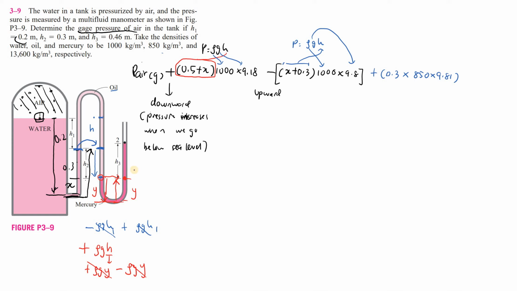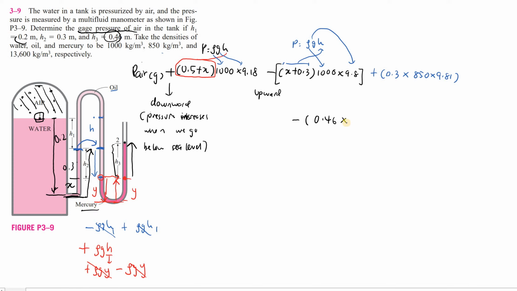From there, you have to swim upward, so negative. How far do you have to travel this time? h3, so it's 0.46. Now, my color has changed. I'm not swimming in oil anymore. I'm swimming in mercury.